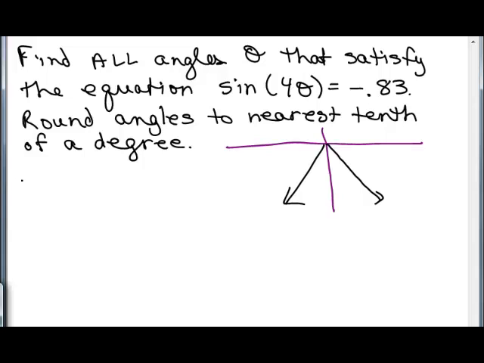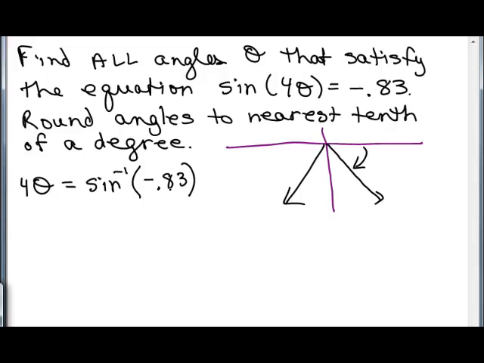So we can use the inverse sine to figure out where 4 theta is. And that, in the calculator, will give us this angle, right? Because it gives us an angle between negative pi over 2 and pi over 2. So if we do that, we've got the sine inverse of negative 0.83, right?